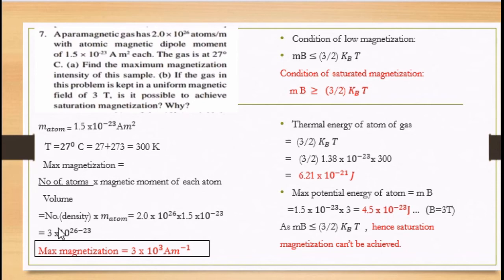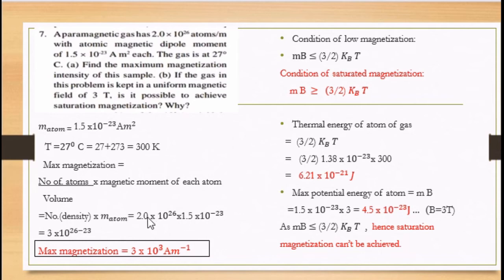Then maximum magnetization is number of atoms per volume into the magnetic moment of each atom, which is equal to density into the atomic magnetic moment. Just put the value of density as 2.0 into 10 raised to power 26 into the value of this one, 1.5 into 10 raised to power minus 23.